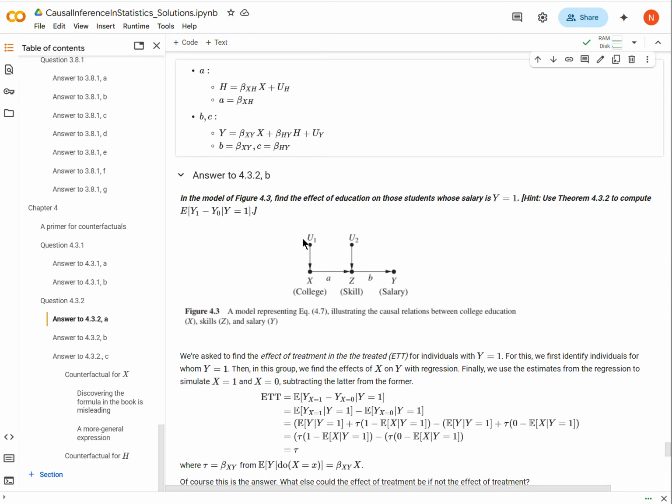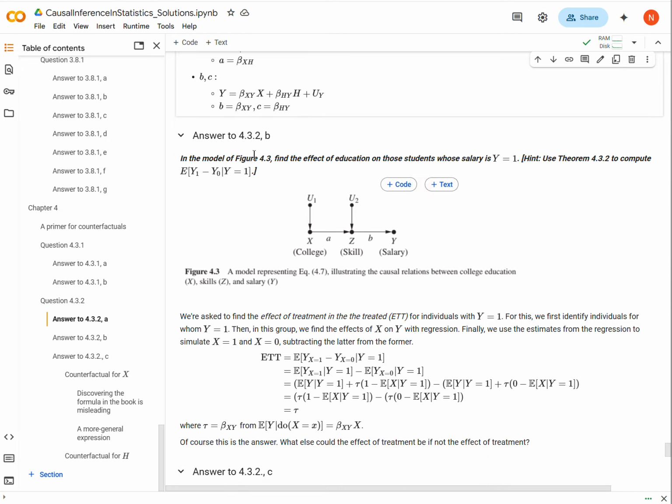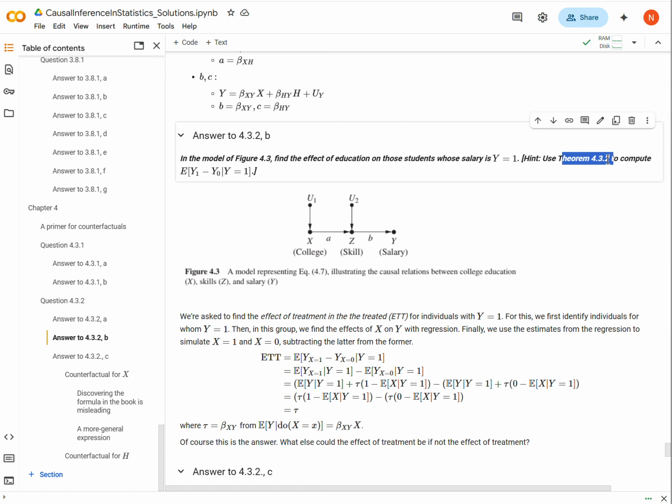Now we're in part B. In the model in figure 4.3, which I've reproduced right here, we're to find the effect of education, which must be X, which must be college, on those students whose salary is 1. We're supposed to use Theorem 4.3.2 to compute this.